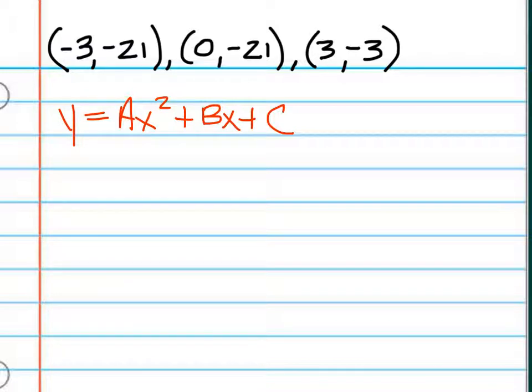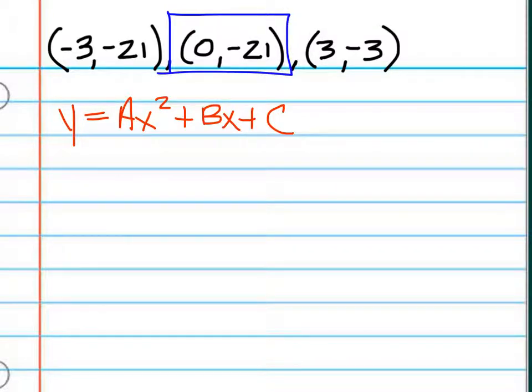Step 1 is to figure out what the value of c is, and to do that you must find which, if any, of those points up there represents the y-intercept on the graph. Which one is it? 0, negative 21.